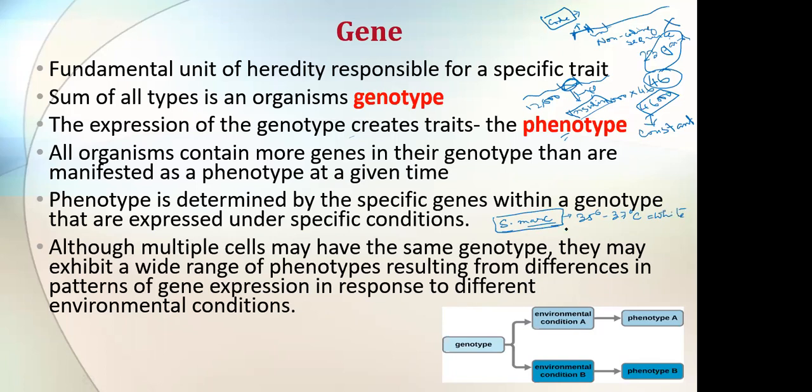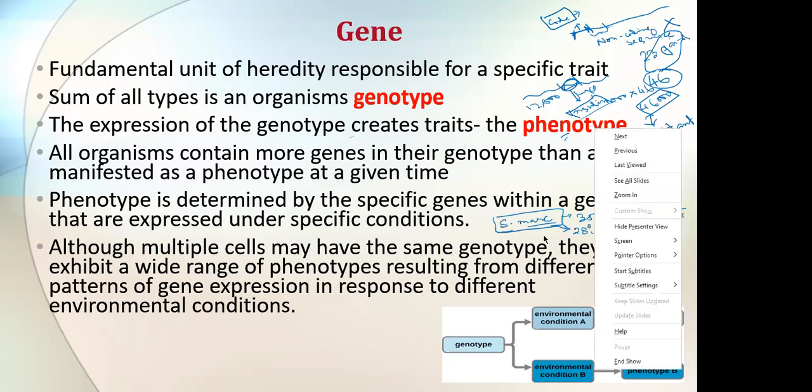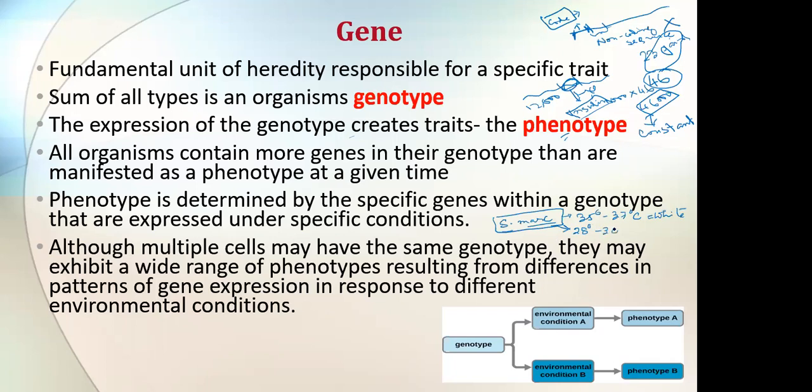But if you allow these bacteria to grow outside the incubator, at a normal temperature, let's say 28 to 30 degrees centigrade, then they make red colonies. So for Serratia, temperature has a big effect on gene expression.